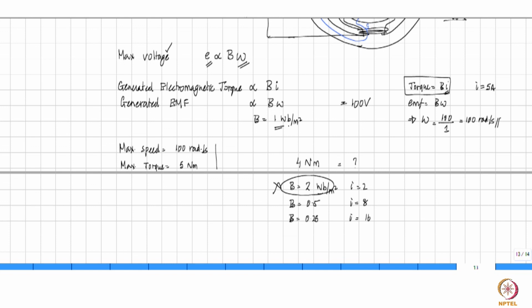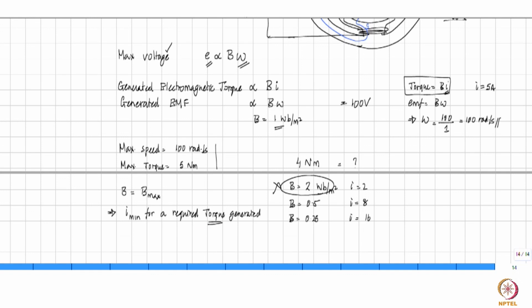So, under most operating conditions, B is equal to B maximum of the machine, which will then result in I minimum for a required level of torque to be generated.